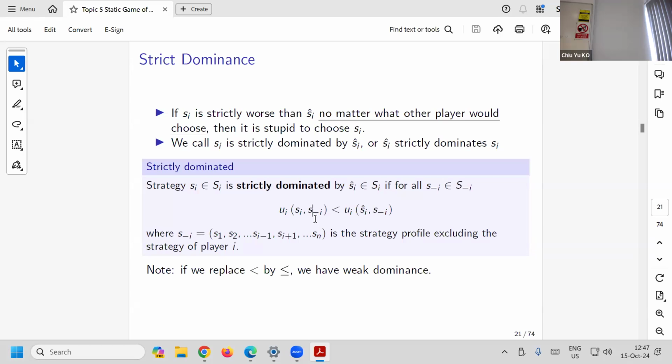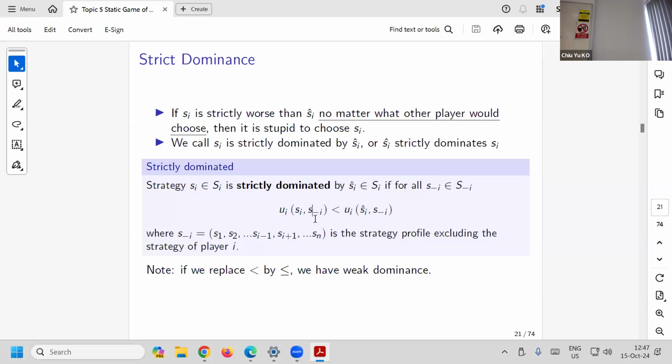The equilibrium concept we learn is somewhere in the middle ground. Okay. And it is a much weaker concept, much weaker than Nash equilibrium. In this case, it's strict dominance. Okay. And much easier.